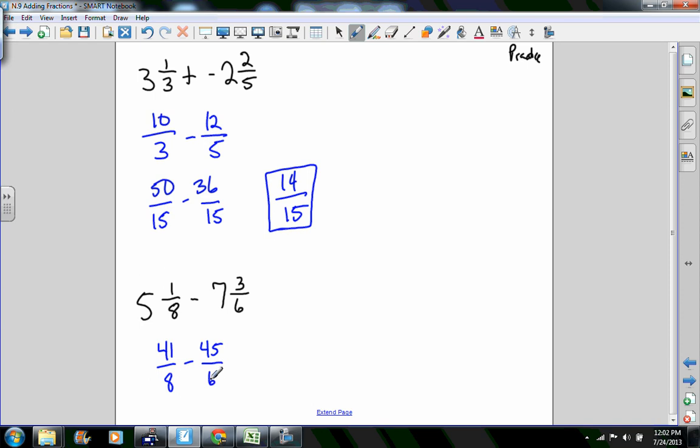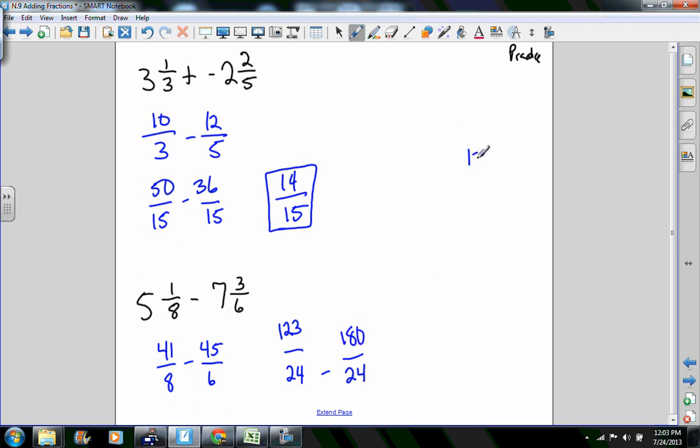Common denominator would be 24. So 41 times 3 would be 123. 45 times 4 would be, well, I do 45 times 2 is 90. 90 times 2 would be 180.